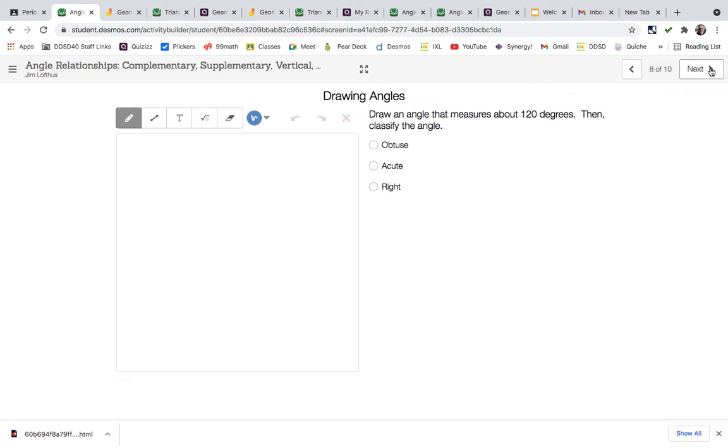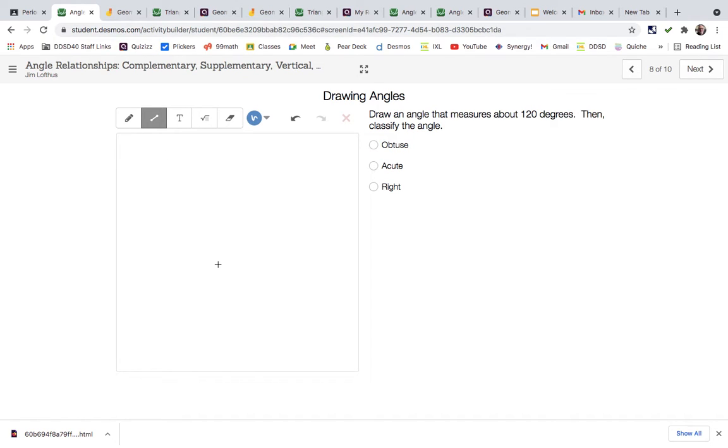Draw an angle that measures about 120 degrees and then classify the angle. So I would say that's 90. Like that's 90, and so maybe about like that. I'm going to do this again, try to be a little bit more accurate.